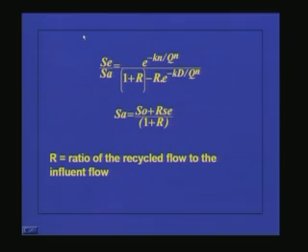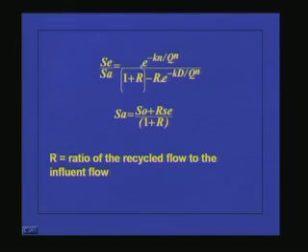And if we have multiple units or recirculation, then we can find out what is the Se by Sa value. The first one is without recirculation, and this is with recirculation, how the efficiency is.